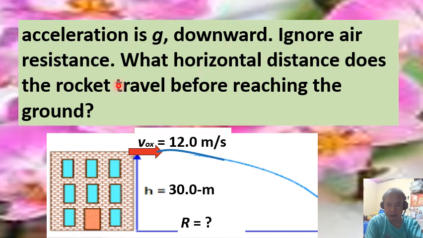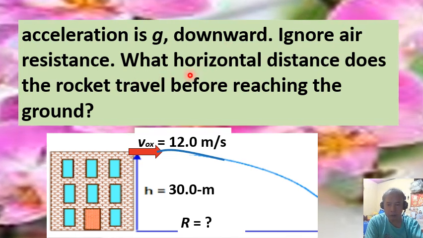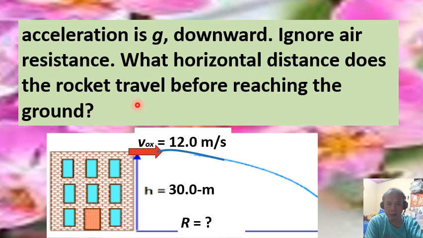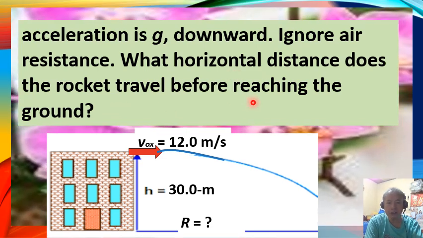Ignore air resistance. What horizontal distance does the rocket travel before reaching the ground?